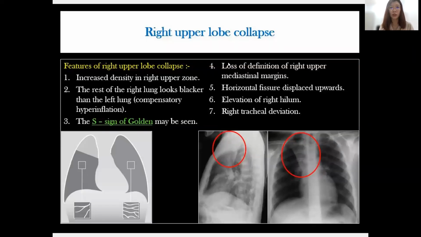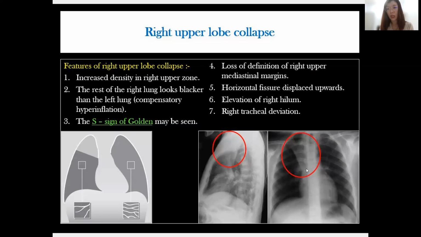So now we're going to the interpretation of some of the common pathology. These are right upper lobe collapse. So when determining right upper lobe collapse, we always use the sign of the golden S sign, where you will see an opacity at the right upper zone here. And then this is the border of the upper lobe. This is the lower lobe. So we see a slight S sign here.